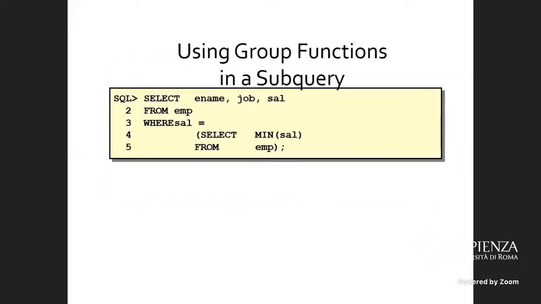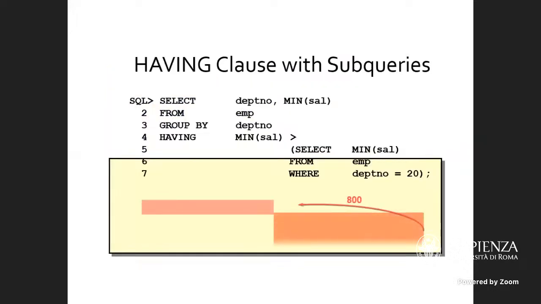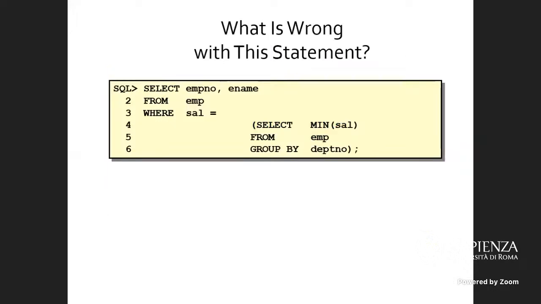So where is our query again? What is wrong with this statement now? Because the answer we got is not single row.